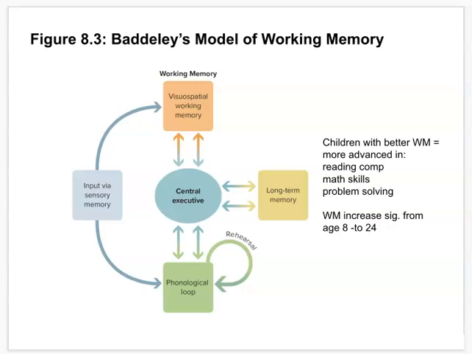There's also some evidence that there are working memory training programs that children can do or teachers can use. These have been found to be somewhat successful in increasing working memory with regards to math, listening, reading, many different faculties.